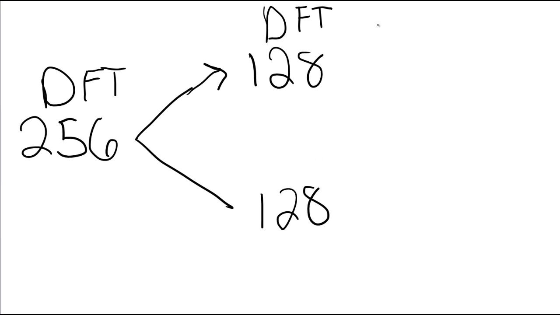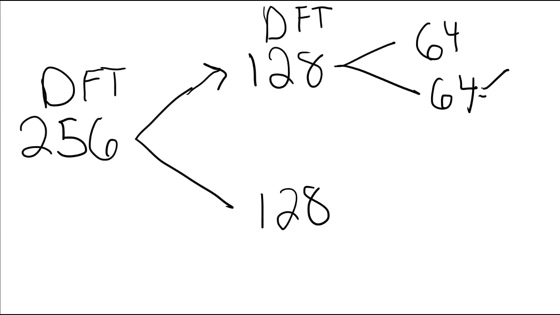All right. Well, it turns out if you do this enough, I'll just draw it here. You can eventually get down to where you're just calculating a bunch of smaller DFTs, and then there's a way of backing all of this out to get the large DFT.